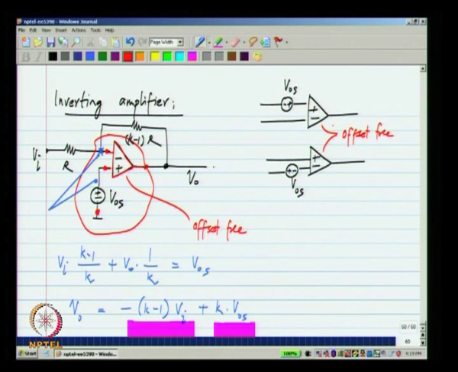Okay. These two representations are equivalent, and that is very clear when you consider the input voltage VE applied here, and you see that the voltage difference between these 2 points will be VE plus VOS, and it is exactly the same here as well. Okay. VE plus VOS.